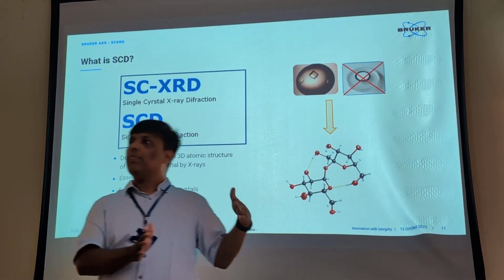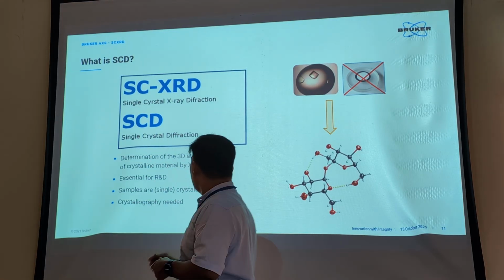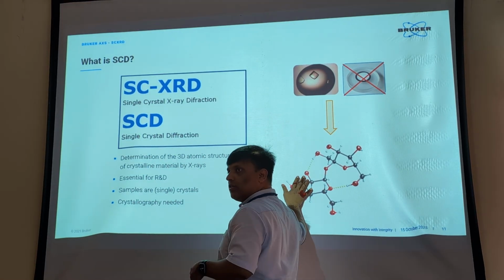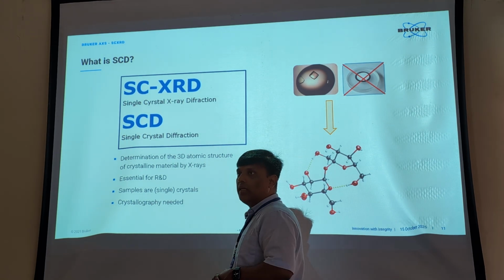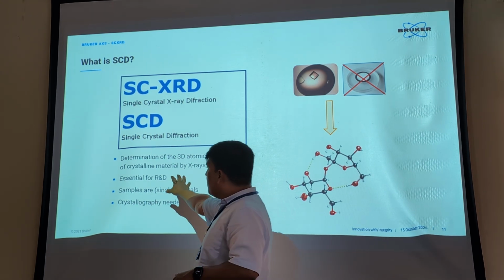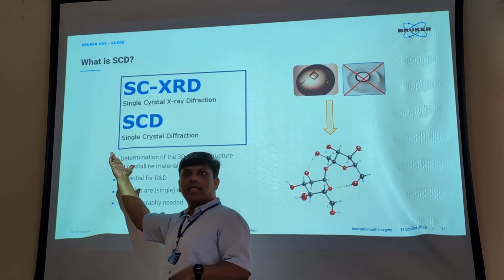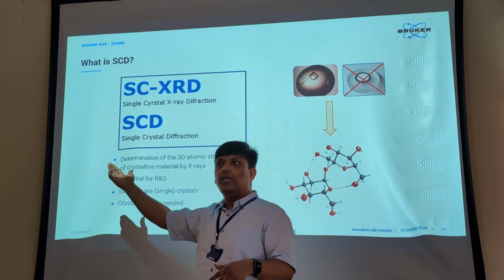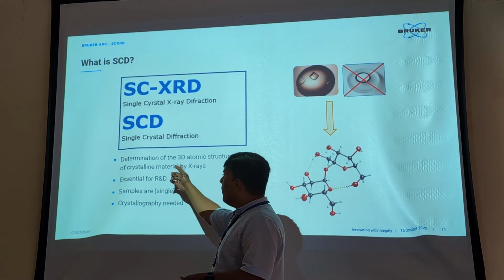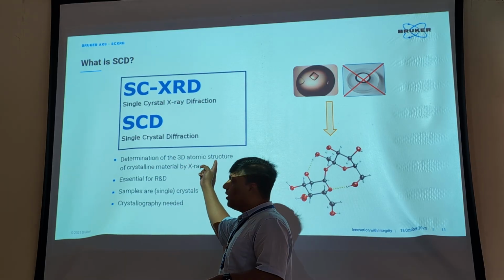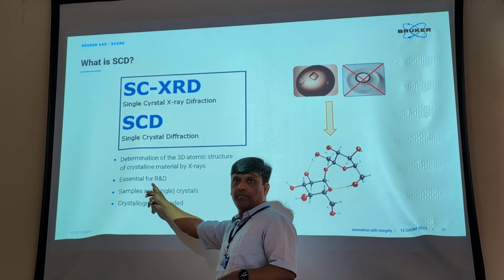But the main purpose of this instrument is to obtain structures like this, which can be obtained by having a single crystal. That is why some people call it SC-XRD, single crystal X-ray diffractometer, or SCD, single crystal diffractometer. Both are the same, mainly used for three-dimensional atomic structure determination.